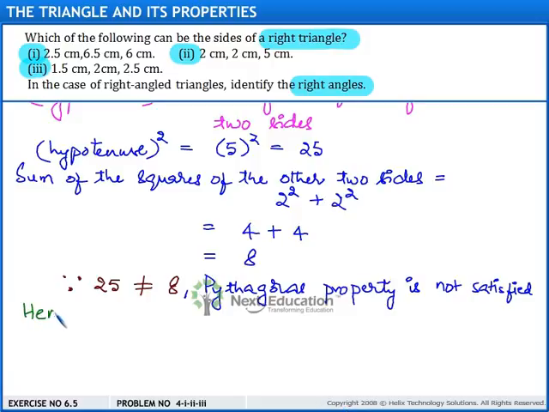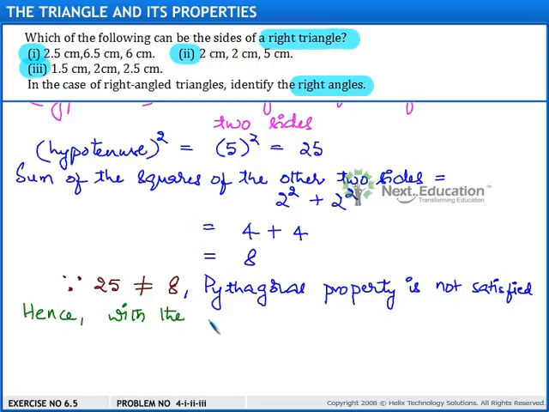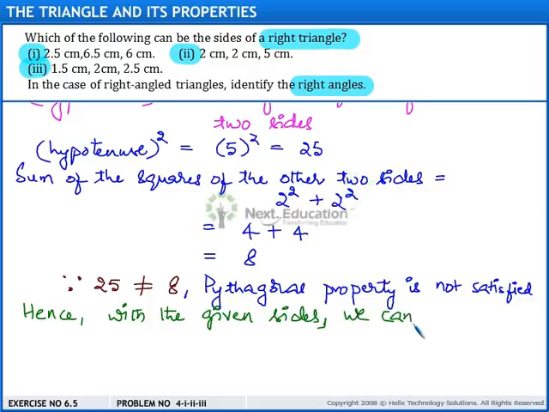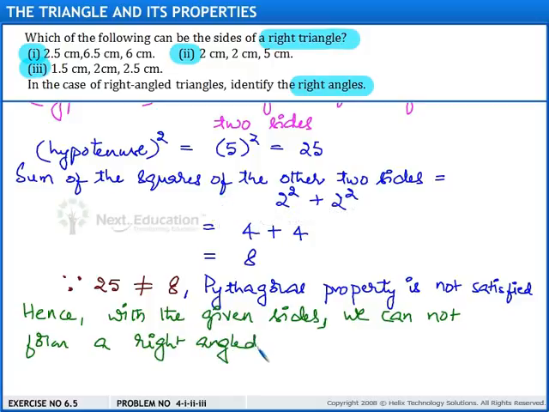Hence, with the given sides, we cannot form a right angle triangle as this is against the Pythagoras property. Therefore, this completes the second part of the problem.